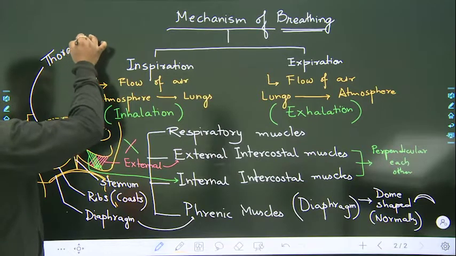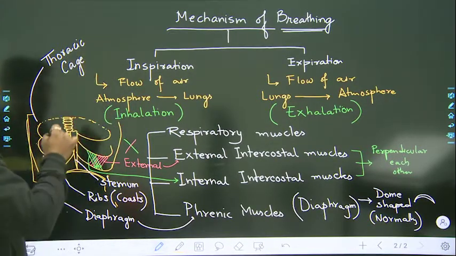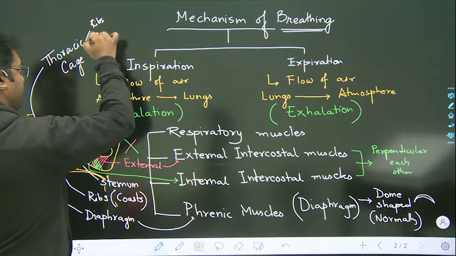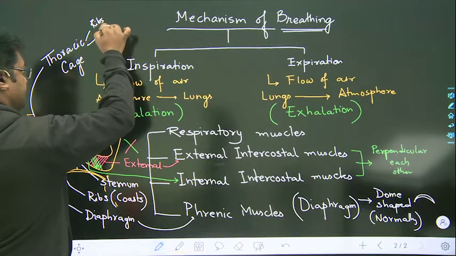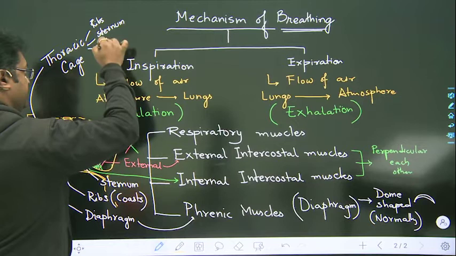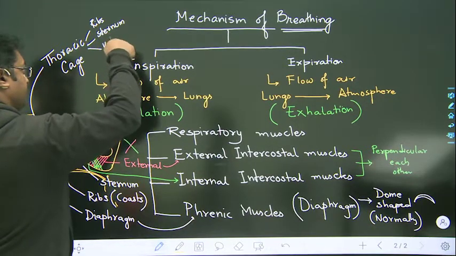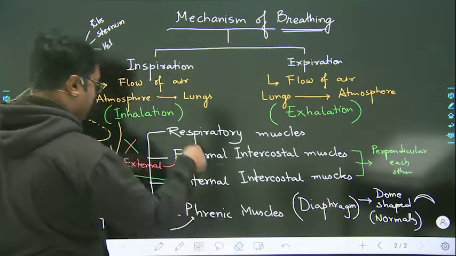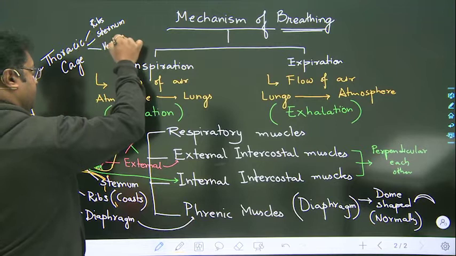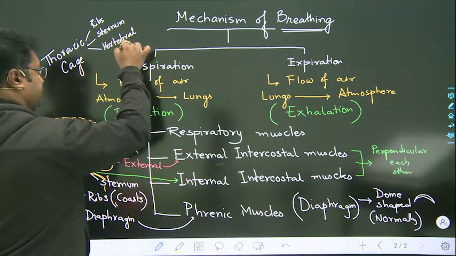Clear? It consists of the ribs, the sternum, and the vertebral column. Clear?